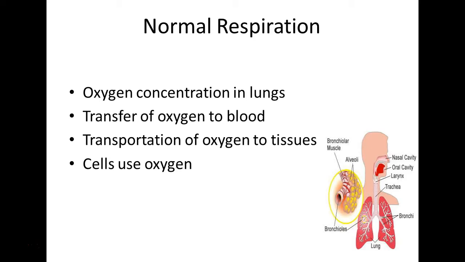A couple of side notes just to take into consideration with the elderly population. They naturally have changes in their alveoli as they get older. So aside from somebody with a disease process like COPD or emphysema, elderly people, as they age, have a reduction in the surface area of their alveoli, which limits their gas exchange.